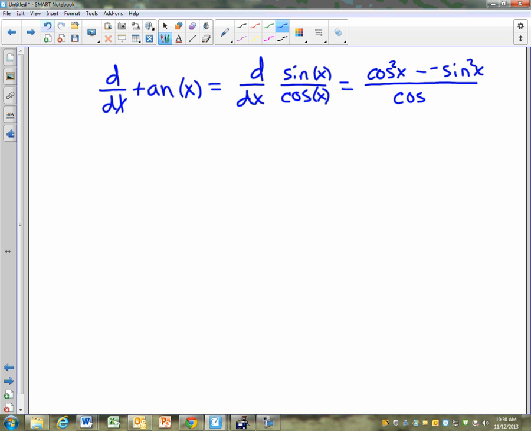So the top gives you 1, the bottom gives you cosine squared, so it's secant squared.